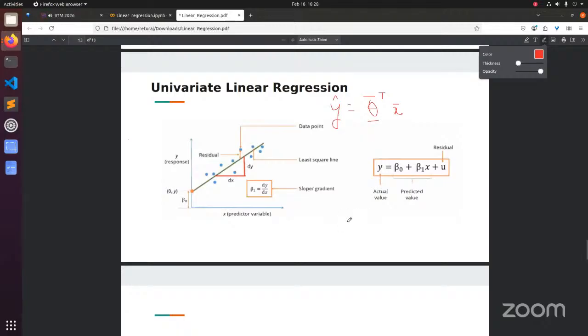Say for a degree 2 polynomial, the y prediction model has theta 2, theta 1, and theta naught, and we transpose, and we have x square, x, and 1.